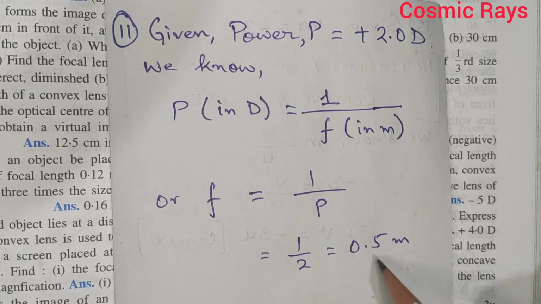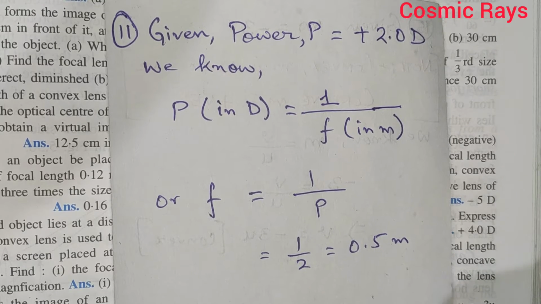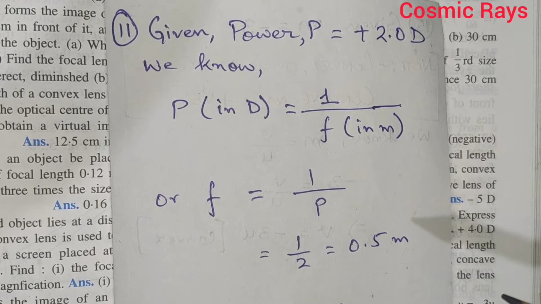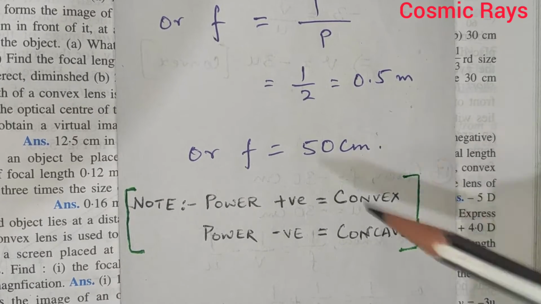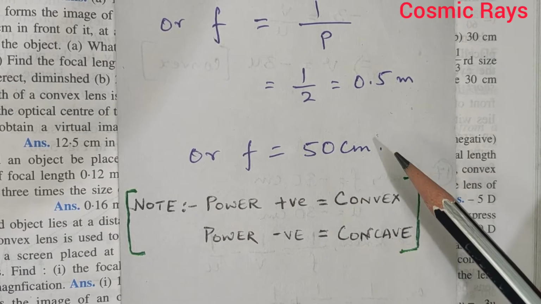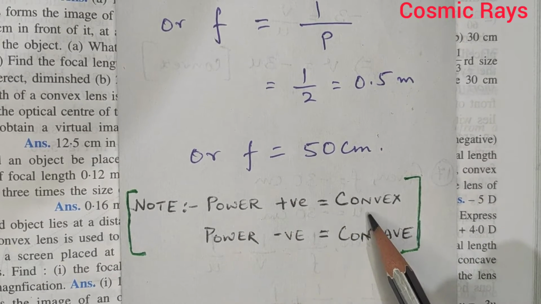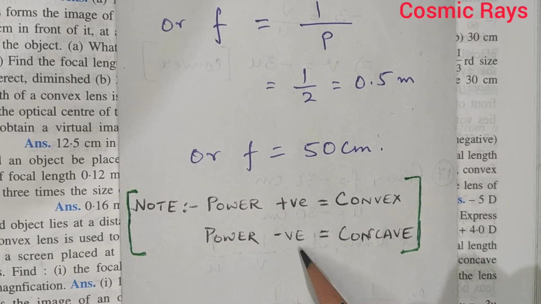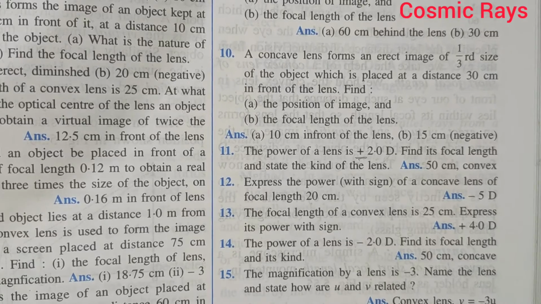You can leave it here, or you may convert it to centimeter. So the focal length is 0.5 meter or 50 centimeter. Please note that when power is positive the lens is convex, and when the power is negative the lens is concave. Let's take question number 12.